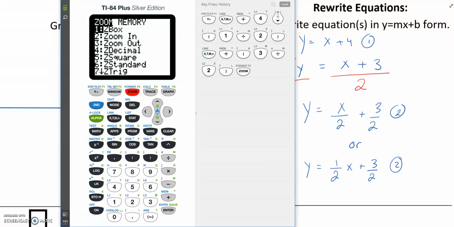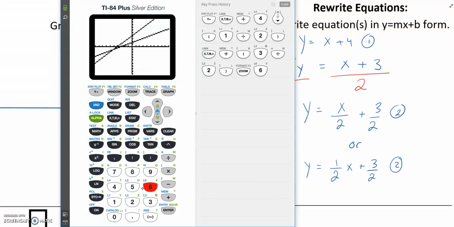That's going to center your graph at 0, 0, and your window is going to go from -10 to 10 in the x and in the y, and that gives you your standard graphing window. Then if you need to zoom in or zoom out accordingly, or change your window accordingly, at least you know where you've started. So I'll hit zoom 6 here.